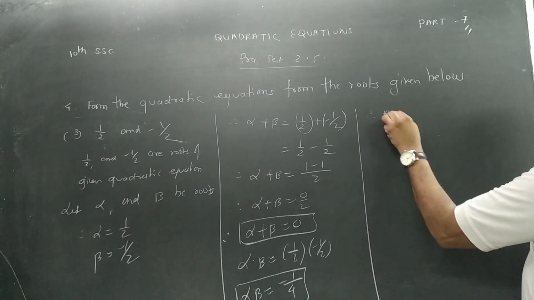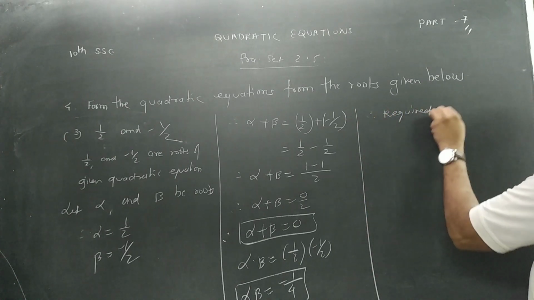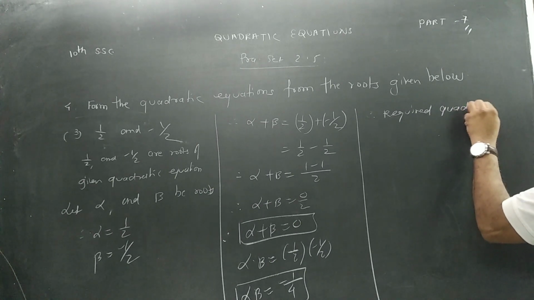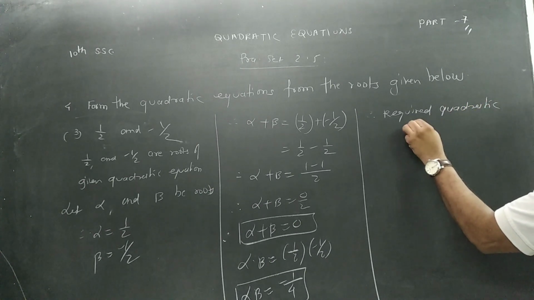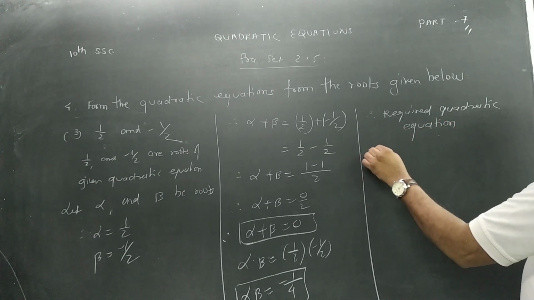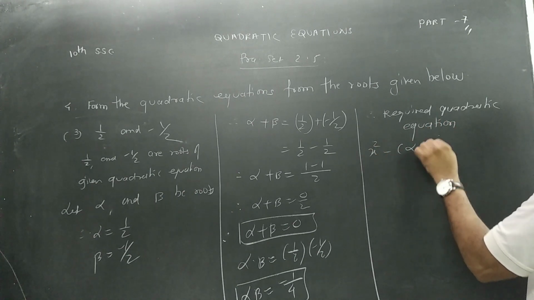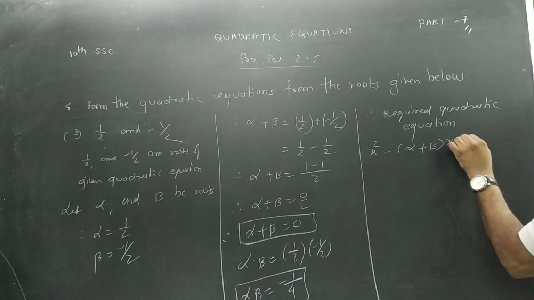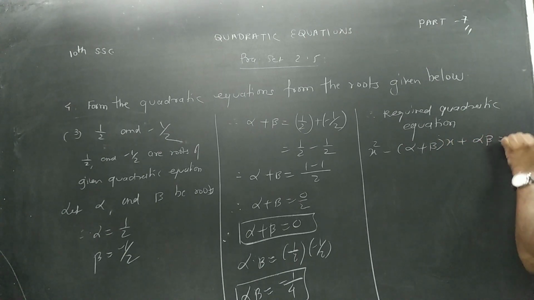Hence, what can I write then? Therefore, the required quadratic equation is x square minus (alpha plus beta) x plus alpha beta is equal to 0.